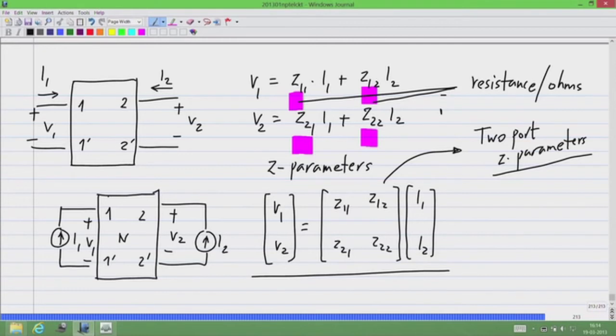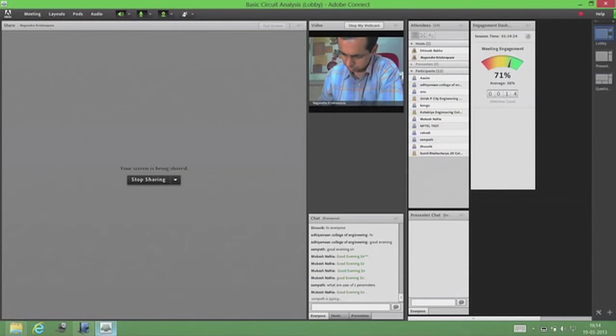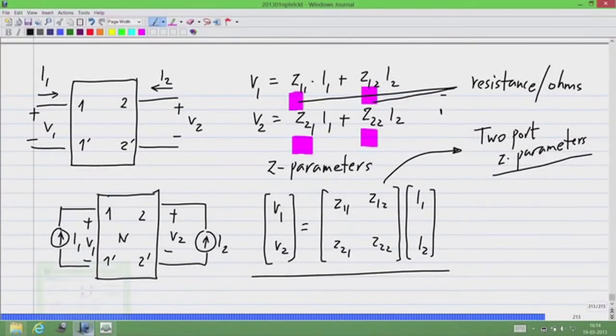Okay. Yeah, in this case, all Z values are resistances or impedances. Okay. We have been talking only about resistive circuits, so they are real numbers and there will be resistances. Okay.